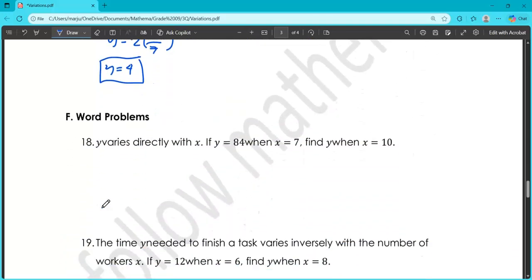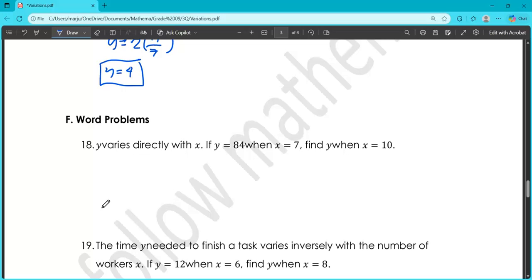All right, let's do word problems. So y varies directly with x. So y equals kx. If y equals 84, x is 7. Find y when x is 10.